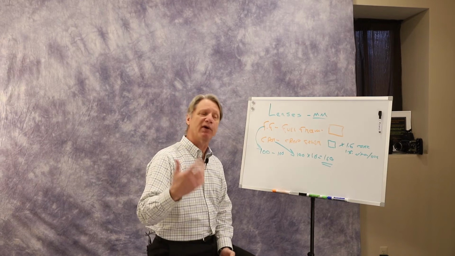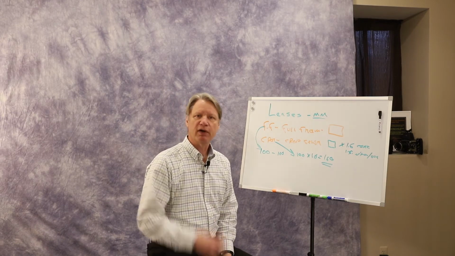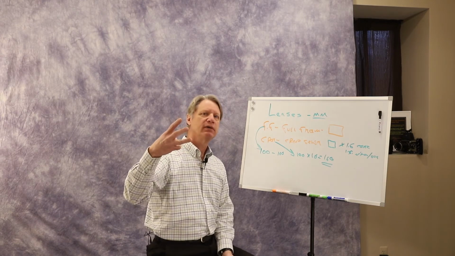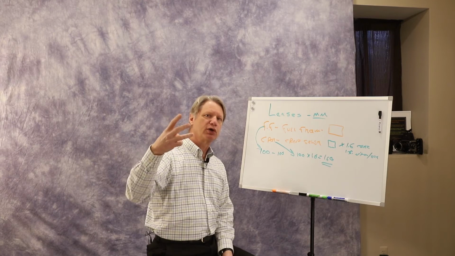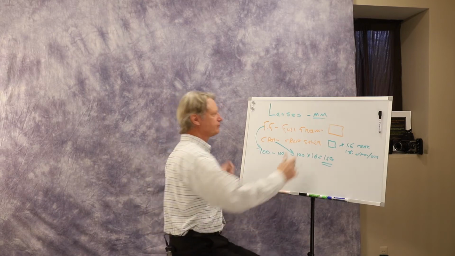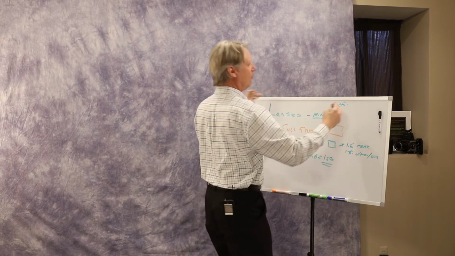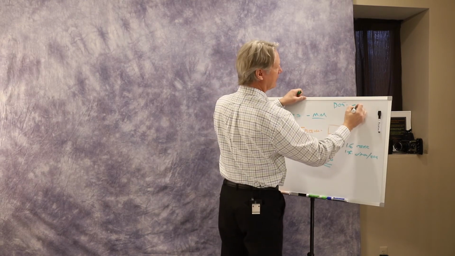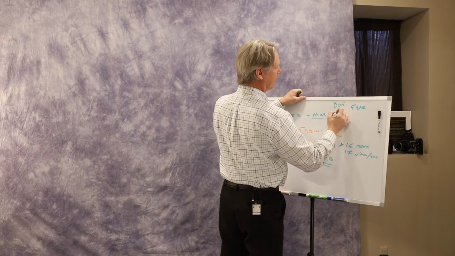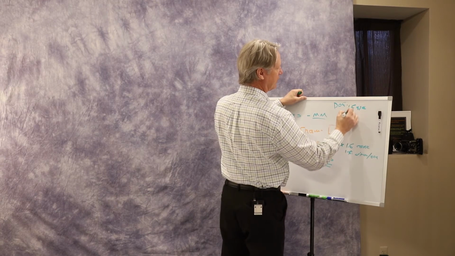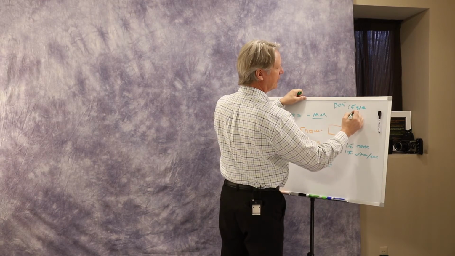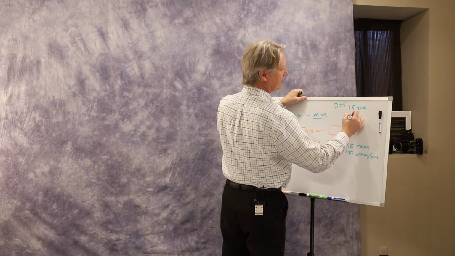Because if you remember, I'm sure you do, what are the three components that contribute to or control depth of field, right? DOF. Well, one of them we know is f-stop, right? That's one. The other one is distance, right?